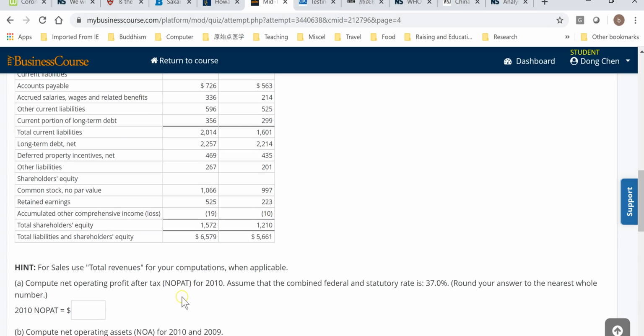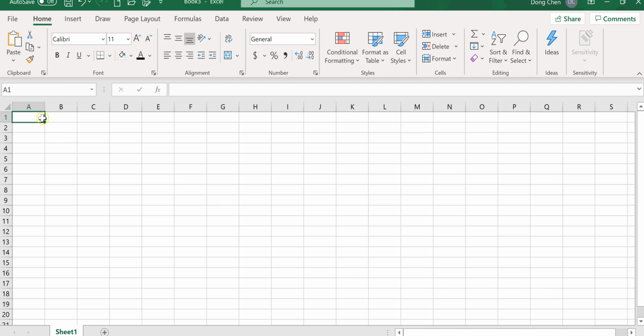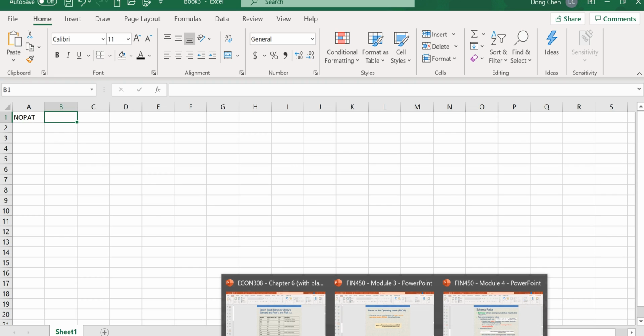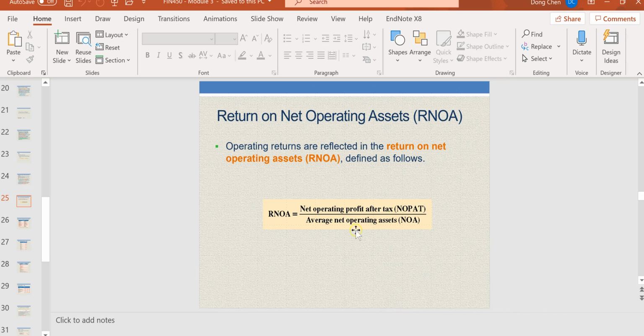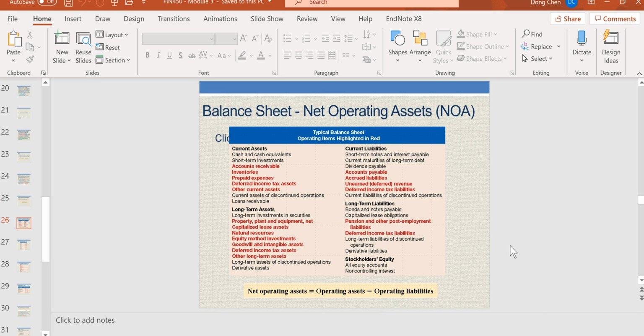So net operating profit after tax. If we check our PowerPoint slides, I guess this is a problem from chapter 3, right? This is chapter 3, on the profitability analysis.